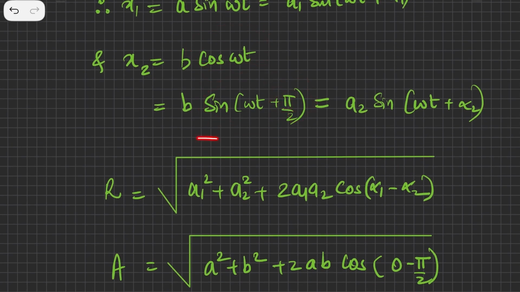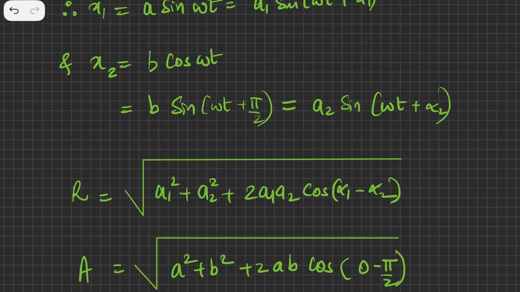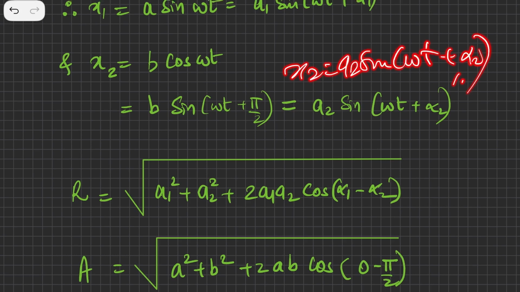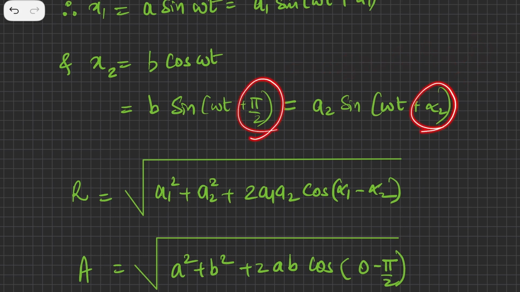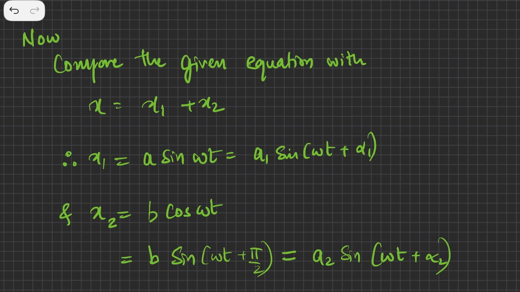Now this is something which I have manipulated in my question. The thing which we learnt in our article, we said that x2 is equal to a2 sine omega t plus alpha 2. So in place of alpha 2 we have pi by 2 and in place of a2 we have b. So I have got the values of a1, a2, alpha 1, alpha 2.